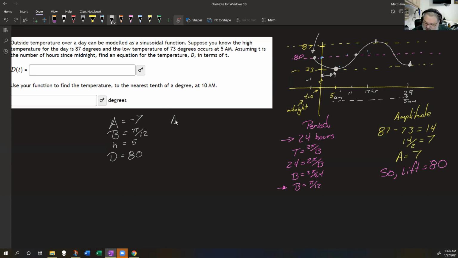That's in our A cosine B x minus H plus K form, unlike the D, either one.